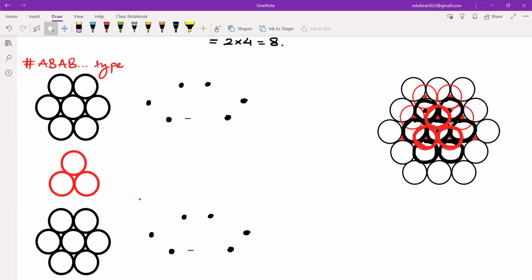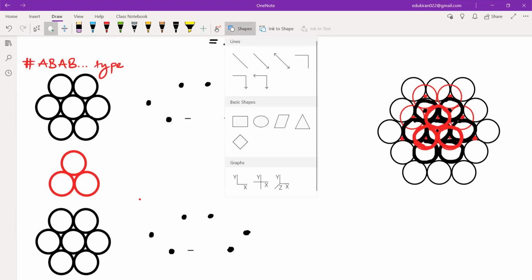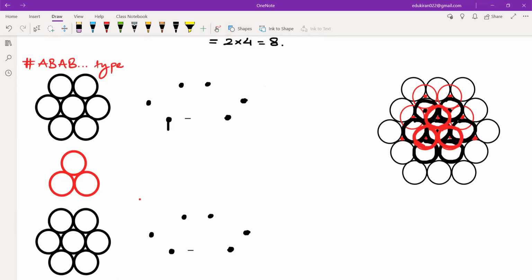It is fine only. Okay. Then we have the 3 red ones. वो हम बाद में बनाएंगे. After I have joined these atoms. Okay.